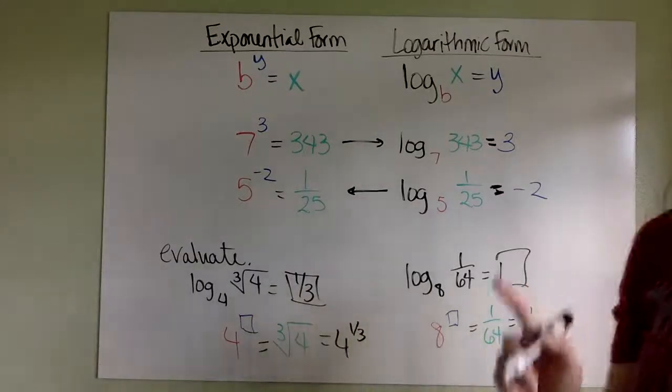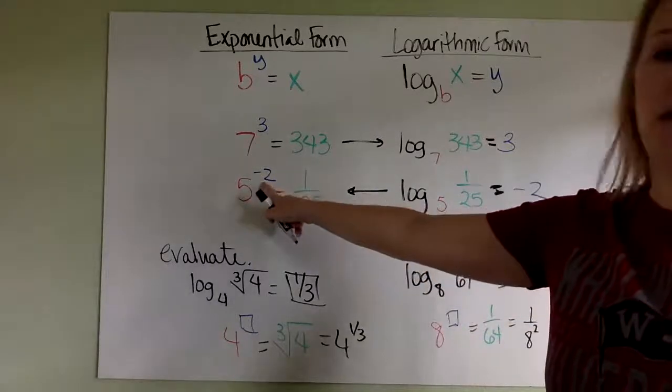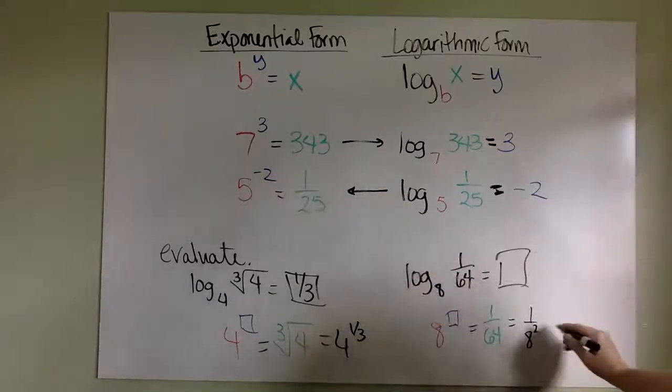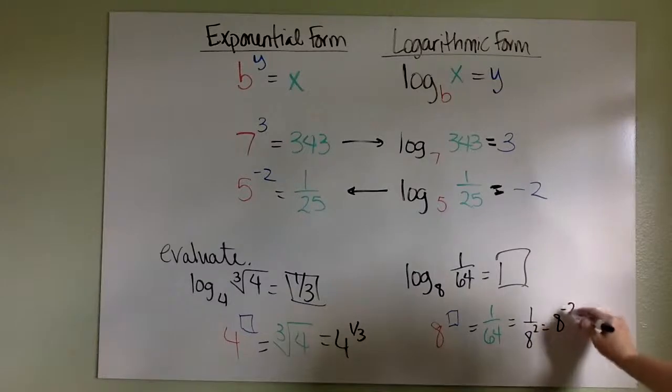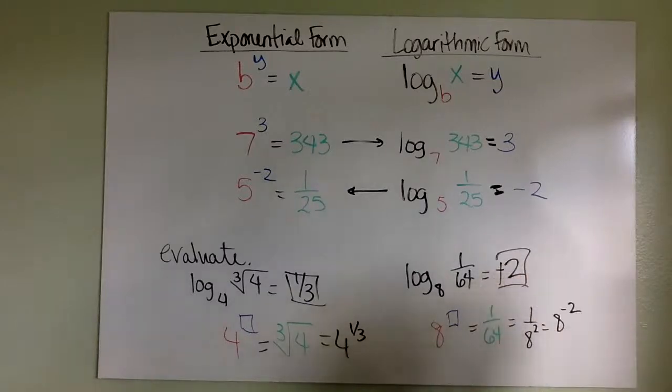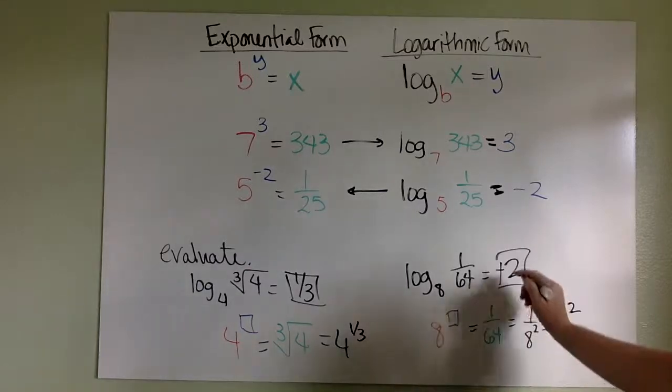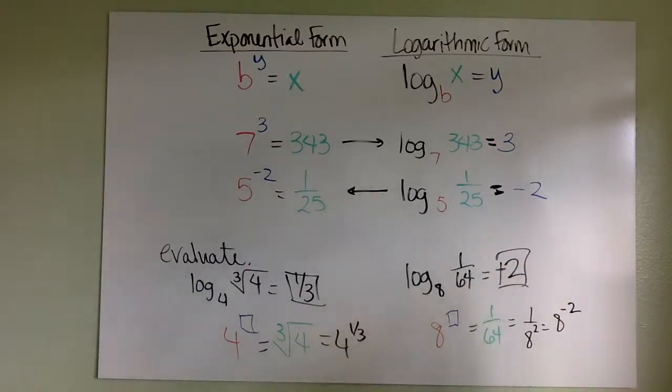And then as I talked about up here with the negative exponent, I would rewrite this as 8 to the -2. So the log base 8 of 1/64 is equal to -2. Okay, so if you're working through your review packet, it would be questions 1 through 6, like those.